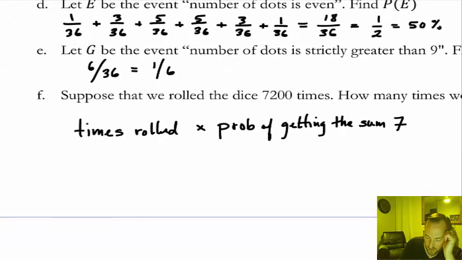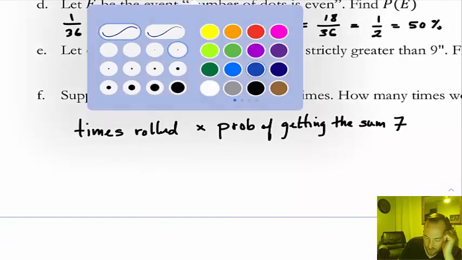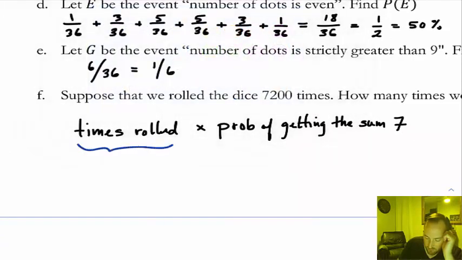Well, we know for this instance here, we'll assume that the number of times rolled is 7,200. And then the probability of getting the sum of 7.